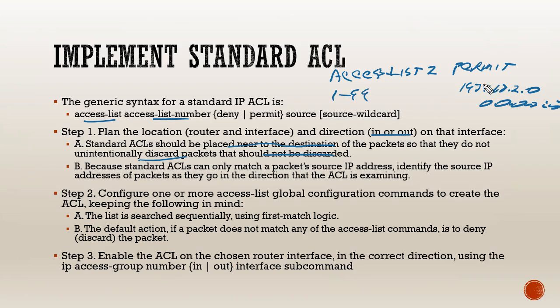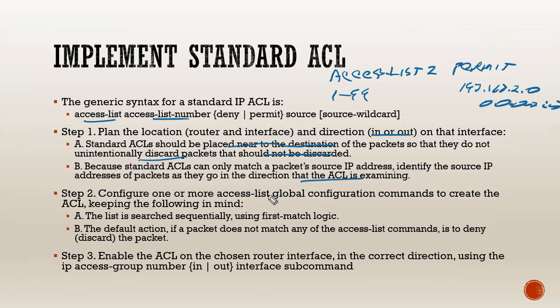It's much less granular than the extended list that we'll get to in ICND2. So the standard list is applied closest to the destination. It can only match the packet source IP, identifying the source IP address as packets go in the direction that the ACL is examining.